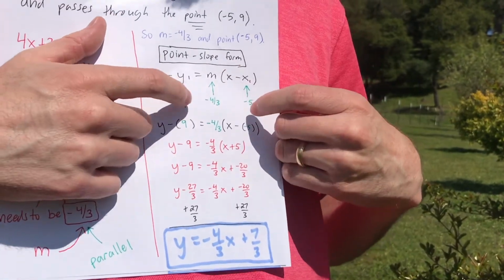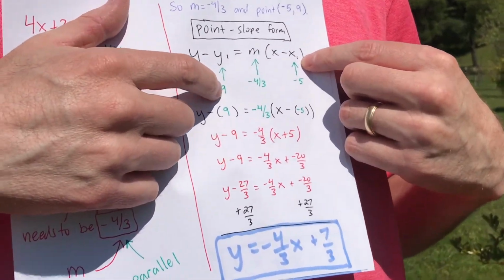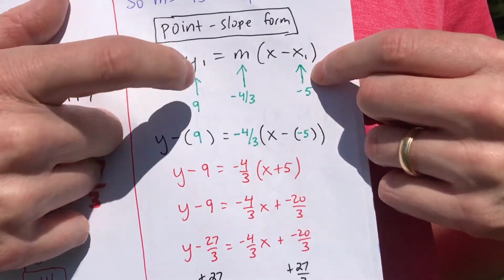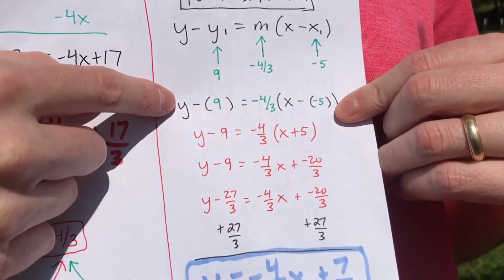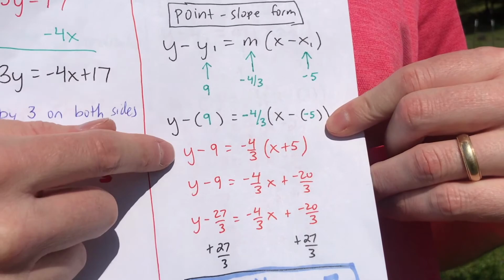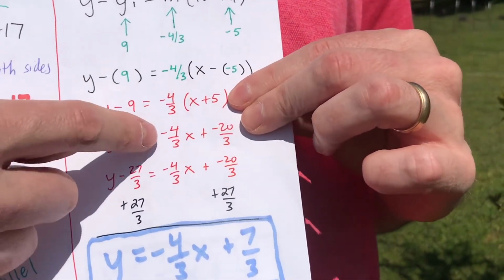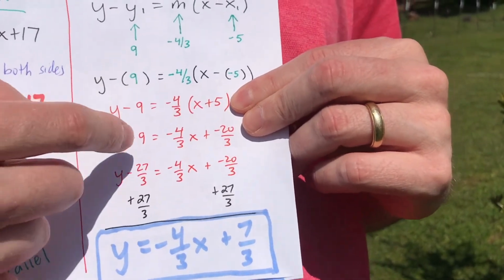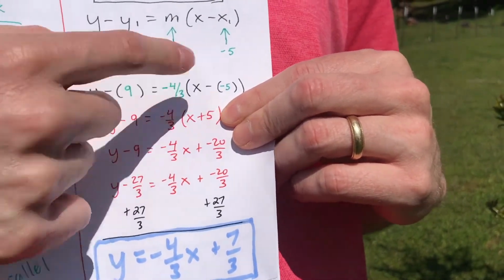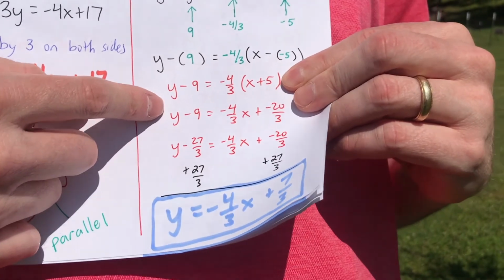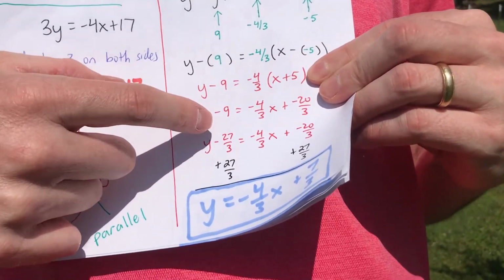It's parallel. And my x1 is the negative 5, and my y1 is the 9. If I plug those in here, they're plugged in green into my black equation, and I end up getting this equation in red once I plug it all in. Then I just distribute negative 4/3 to this, and distribute it to the 5 also, and I get this equation here, which I have to solve for y, so I have to add the 9.